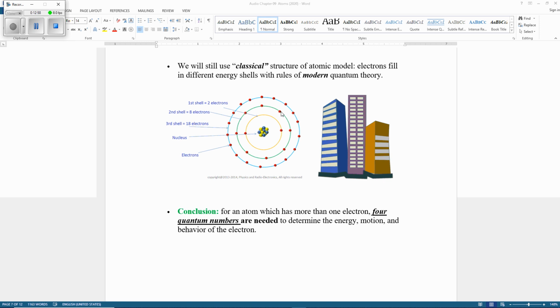atoms, different elements. You may ask why electrons stay either in the first circle or the second circle, and not between. Well, it's just like people living in a building. You live either on the first floor, second floor, or third floor. You cannot say, no, I want to live on 2.5.